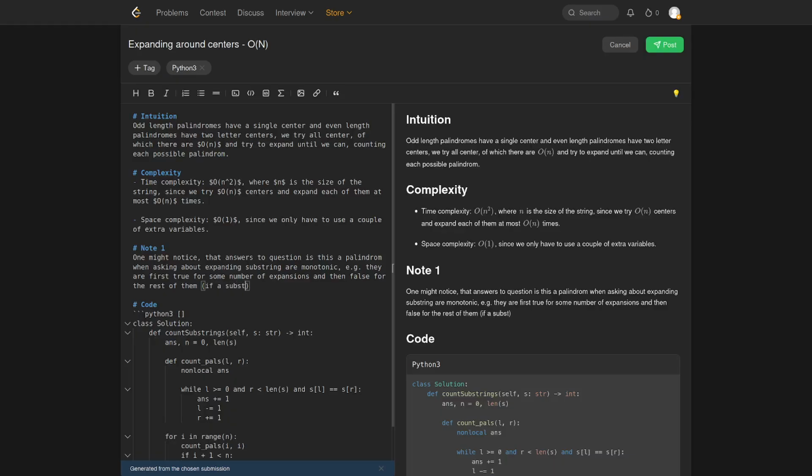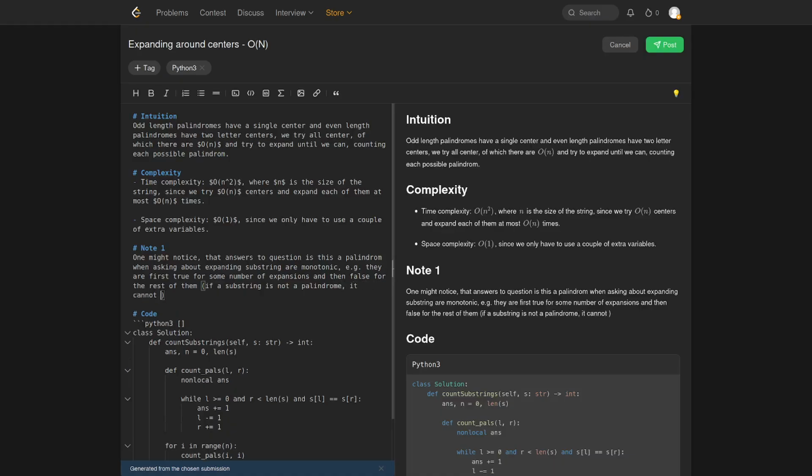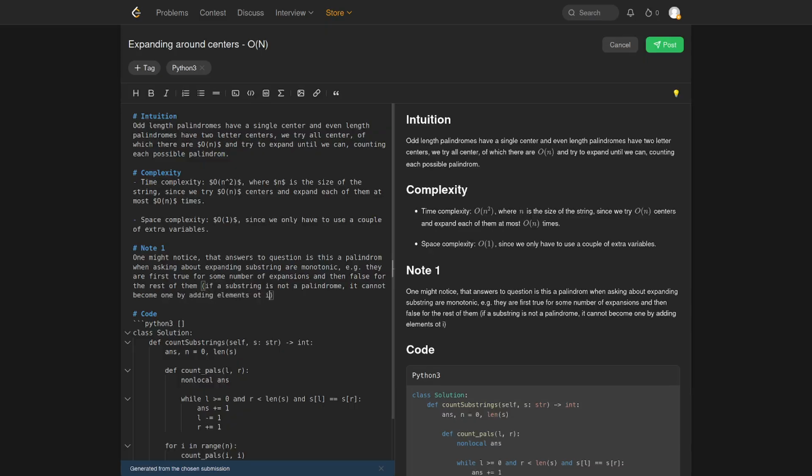If a substring is not a palindrome, it cannot become one by adding elements to its sides.